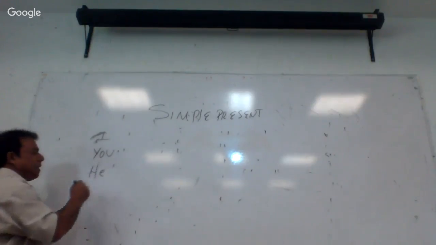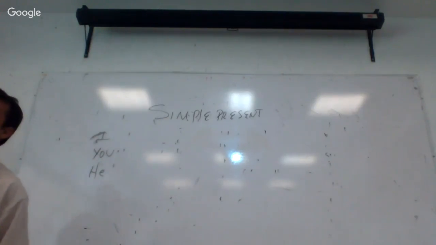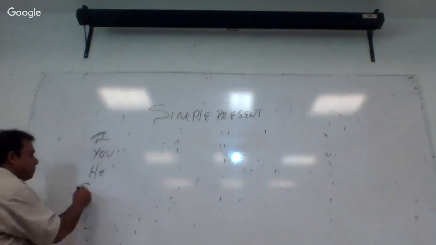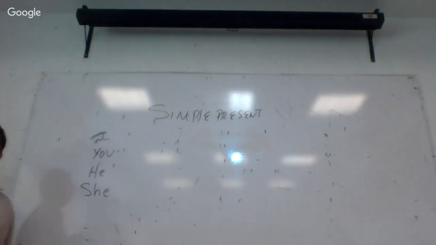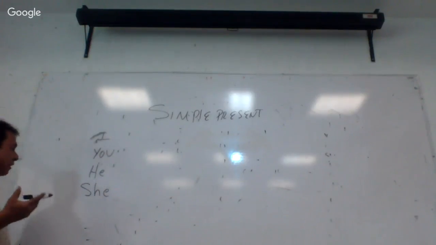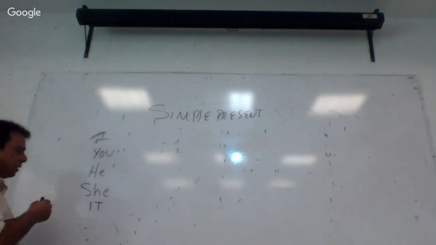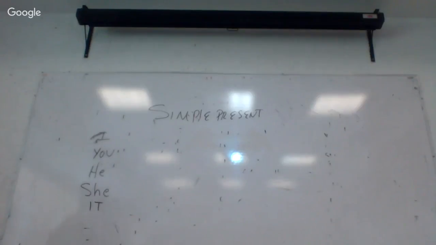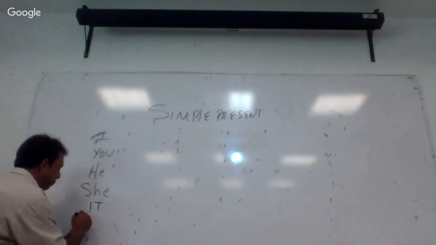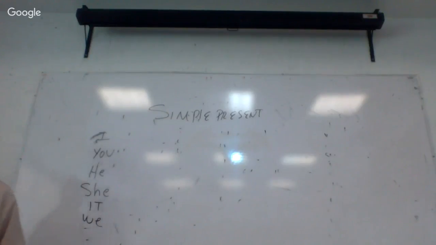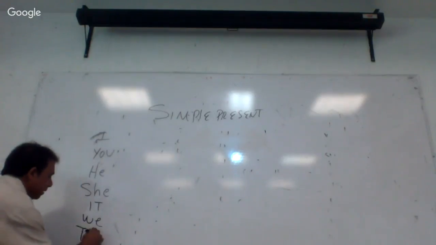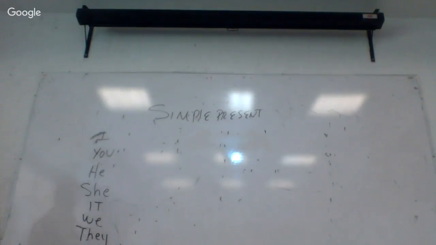He, él, okay, she, ella, okay, he, she, it, él, cosa, animal, yeah, what else, we, nosotros, yeah, nosotros, they, ellos, yeah, in Spanish. Okay, it's all.